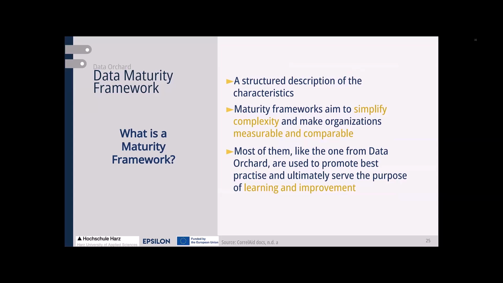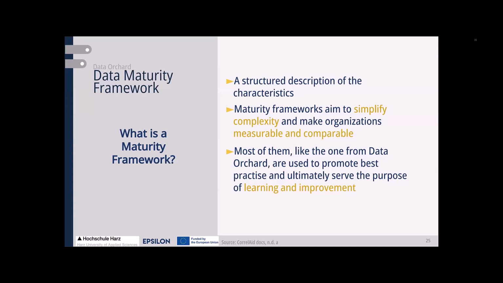And then after you know what is subsumed under the name data, the maturity framework helps you to evaluate the data situation that you will find within an organization. It is basically a structure that helps you to categorize the data within an organization.